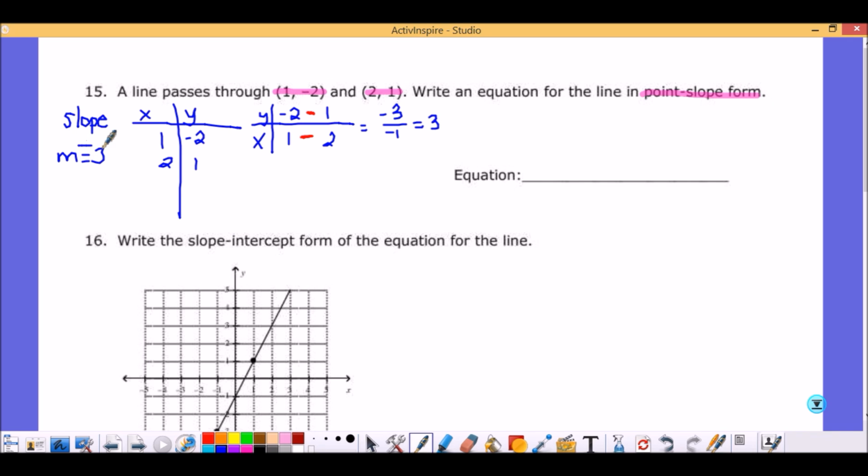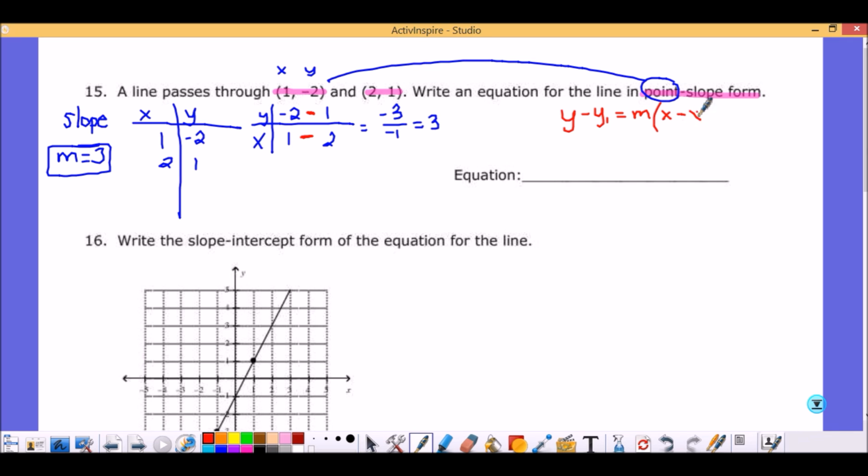All right, so then now I'm ready to write an equation of a line. It doesn't tell me which point to use, so I'm just going to pick one. I'm going to go ahead and pick the first one. So remember, this is my x, this is my y. So for the point slope form, the equation is y minus y1 equals the slope times x minus x1.